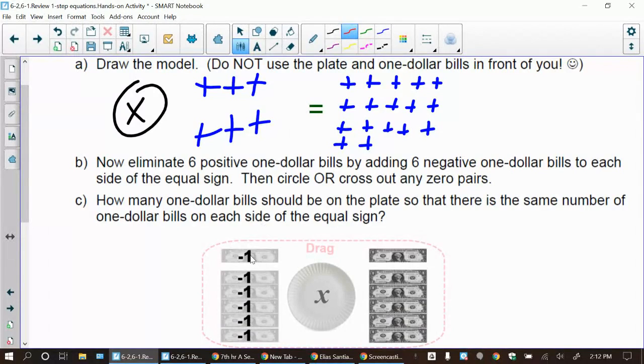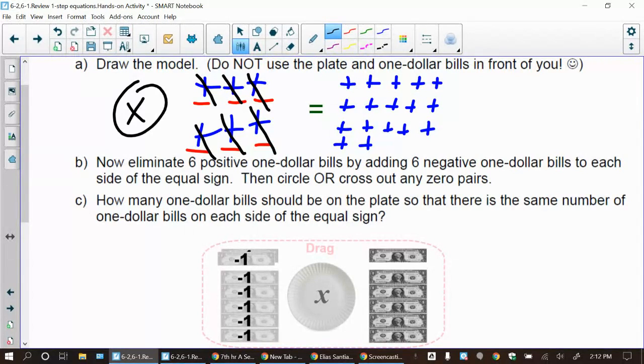So I need to put my negatives with this. 1, 2, 3, 4, 5, 6 negatives there. But remember, it says circle or cross out our 0 pairs. So we have 1, 2, 3, 4, 5, 6 0 pairs.